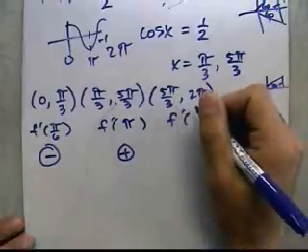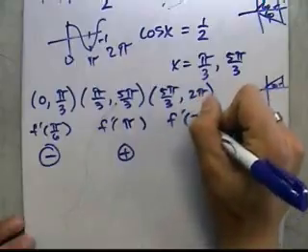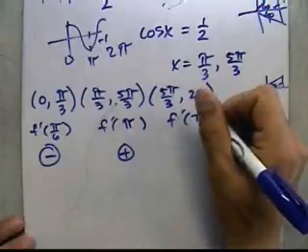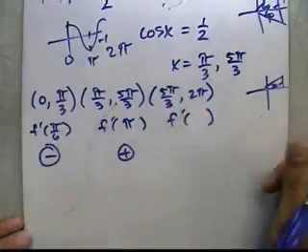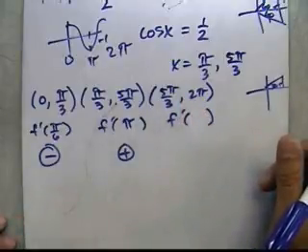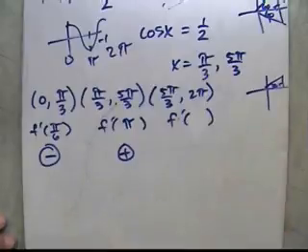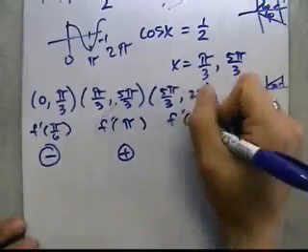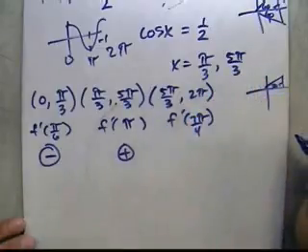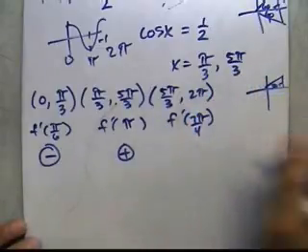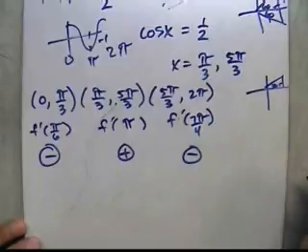No, I meant 7 pi over 3. No, I meant 7 pi over 5. I don't know what I meant. I was thinking 7 pi over 4. That's what I meant. Negative anyways, right? Okay, cool.